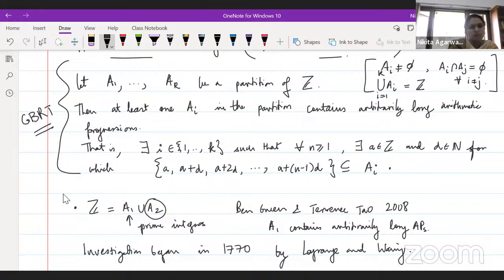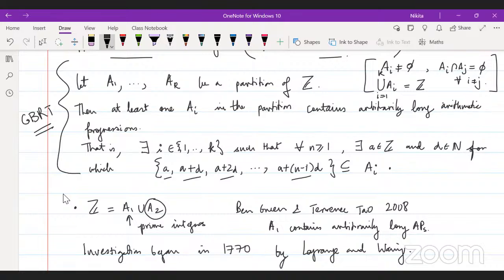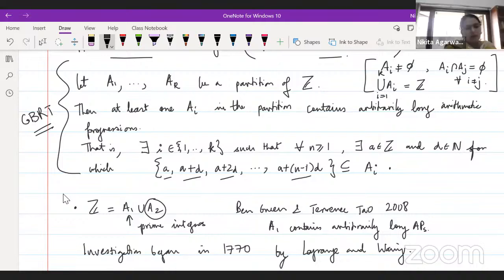So these points are images of that map. In that sense, it is constructive. There are also some statistical results which say that almost everywhere something happens, so some kind of asymptotic results are also there.